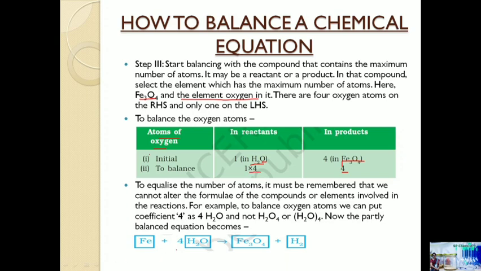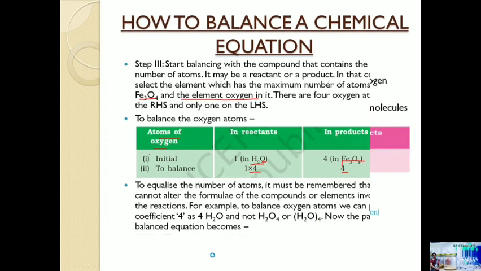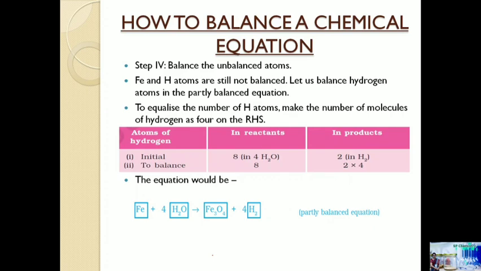Here you can see 4 is multiplied without disturbing anything inside the box. Now the oxygen atom is balanced. Still, hydrogen and iron atoms are not balanced. So in the next step, we have to balance the unbalanced atoms.